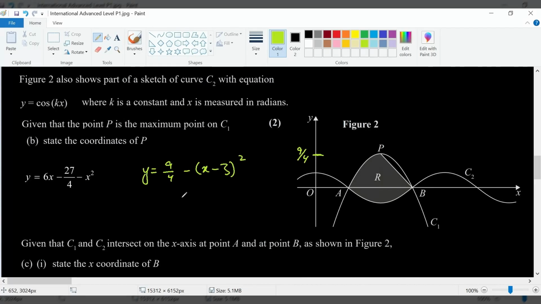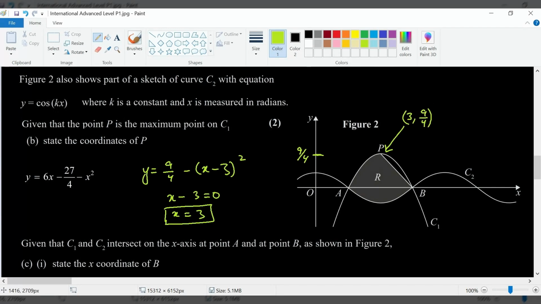So that means we have x minus 3 equals 0. That means x is equal to 3. So y we already know. So that means this point P is going to be 3, x will be 3, and y equals 9 over 4.